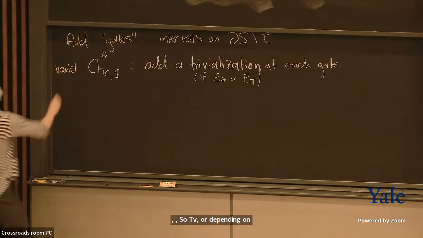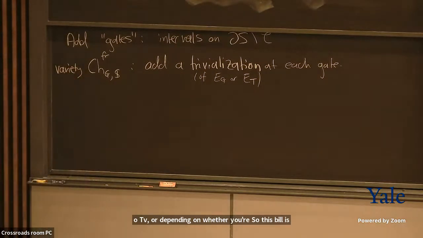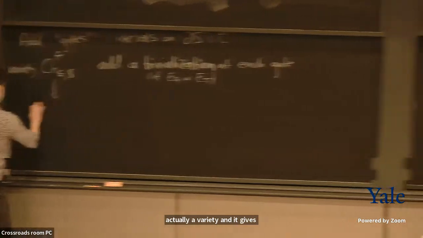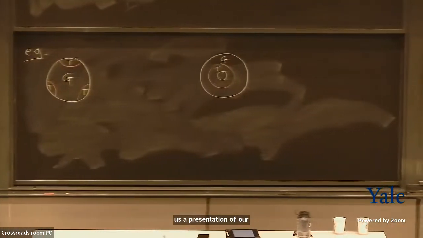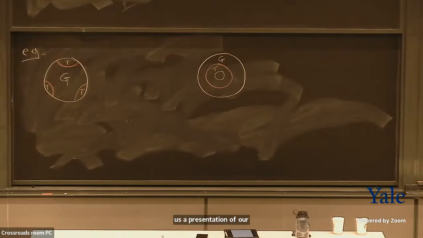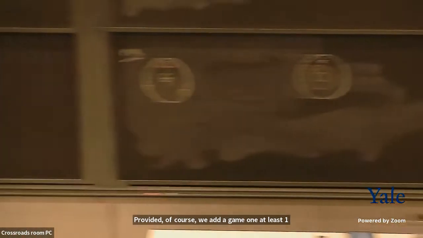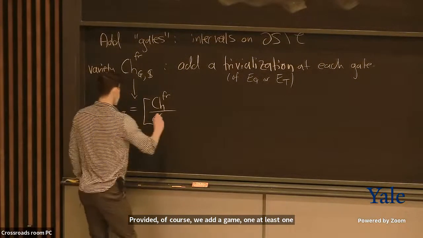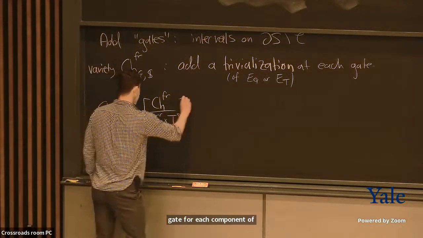So this is actually a variety, and it gives us a presentation of our original stack as a quotient, provided, of course, we add at least one gate for each component of the complement of these systems. We have G components and T components.